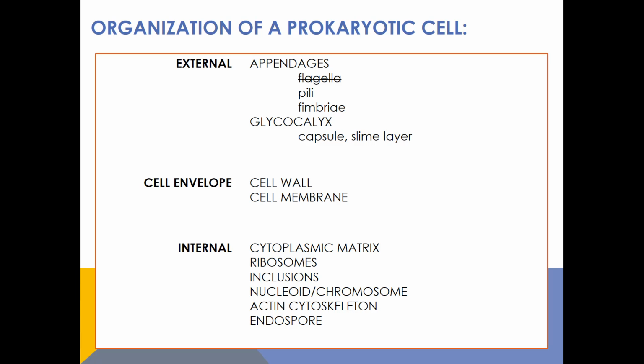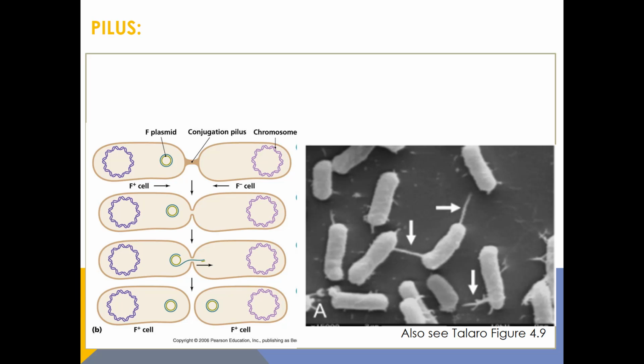Next up in our external appendages are pili and fimbriae. Now when it comes to pili, that's plural, or pilus, singular, your book may discuss pilus or pili being used for attachment. There are some pili that bridge the gap between fimbriae and pili, and so there is some confusion about that, but we are going to focus on the specialized structure of a pilus used as a sex pilus.